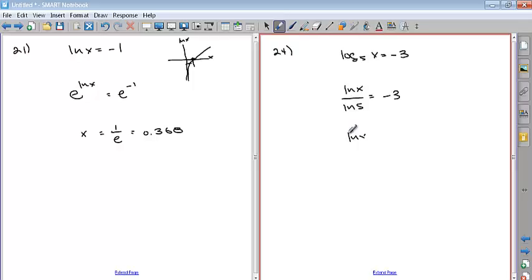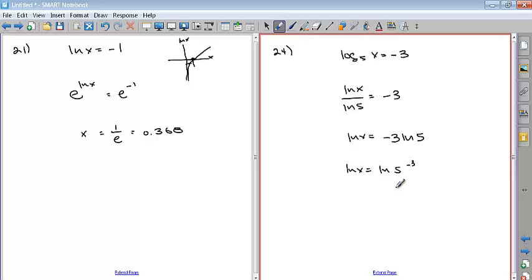Then the natural log of x is -3 times the natural log of 5. One way of doing this is to take this exponent inside, so you get the natural log of 5 to the -3 power.